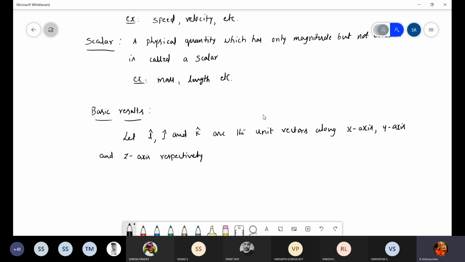Okay, unit vector, the word itself says it has magnitude 1. I will explain that magnitude. So unit is nothing but 1.